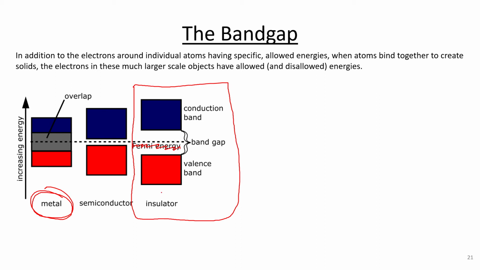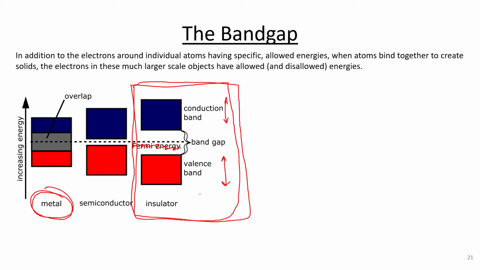Now over here on the right, the thing that I've boxed in here, we're talking about an insulator, and that is just the opposite situation. You've got all these allowed energies, so the energies here in the conduction band are all allowed, and the energies here in the so-called valence band are all allowed.